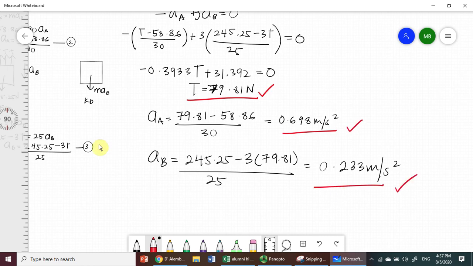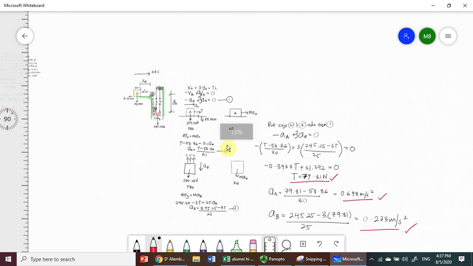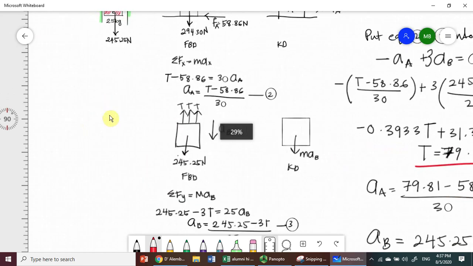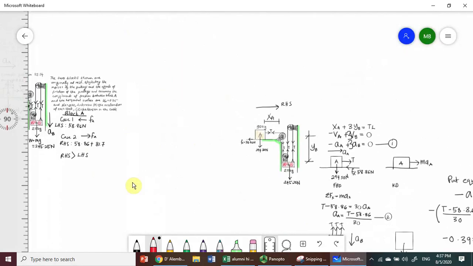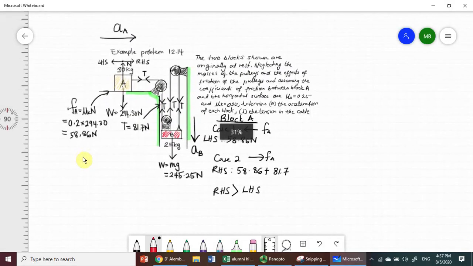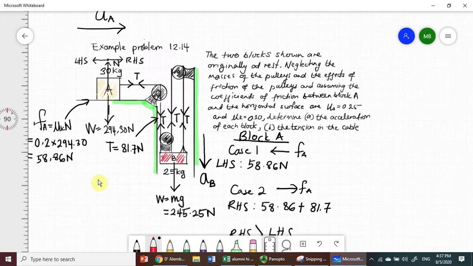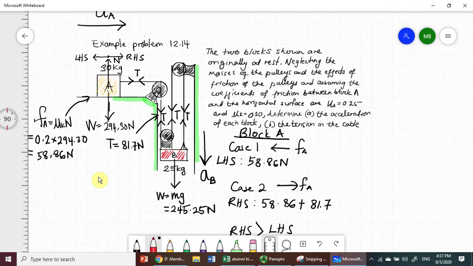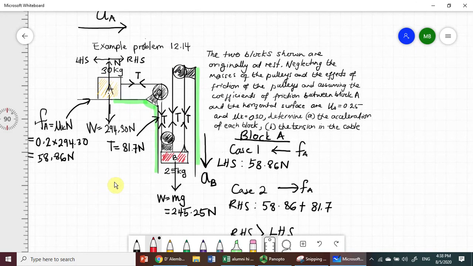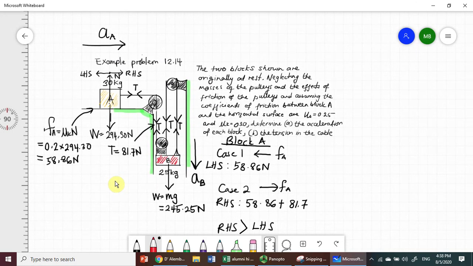Okay, let's just recap. For this question, how do you solve it? Number one, you have to determine the direction of motion for the blocks. From here we established that block A is going to the right-hand side, and block B is going down.